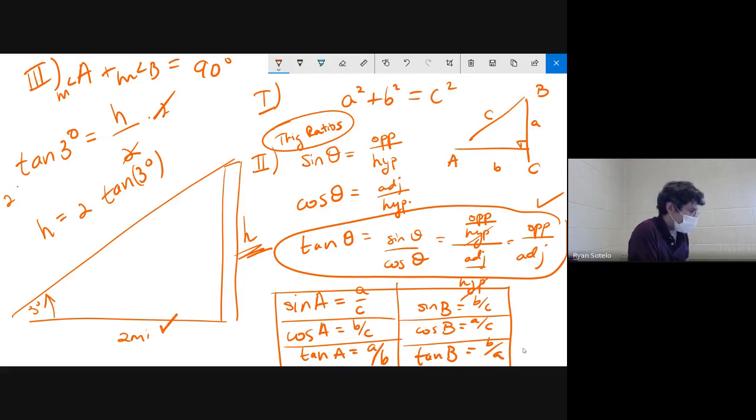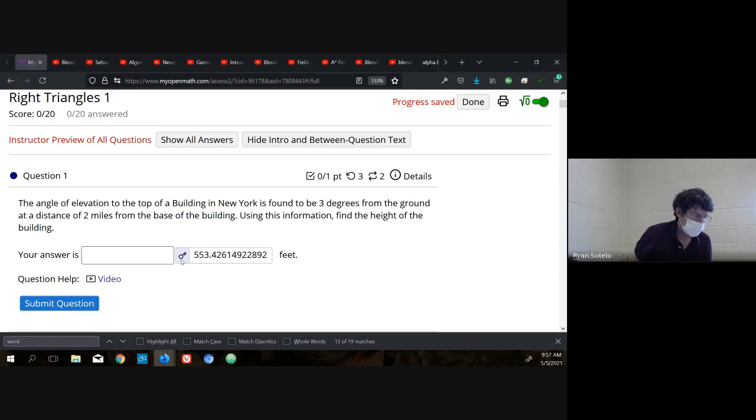And I get the height to be, I'm sorry, 0.105. And that's in miles. So that's what I put in for number 1. Oh, they want it in feet.